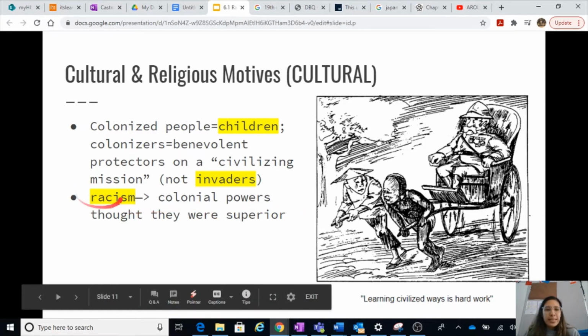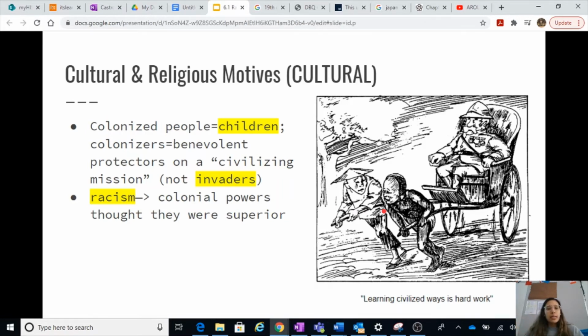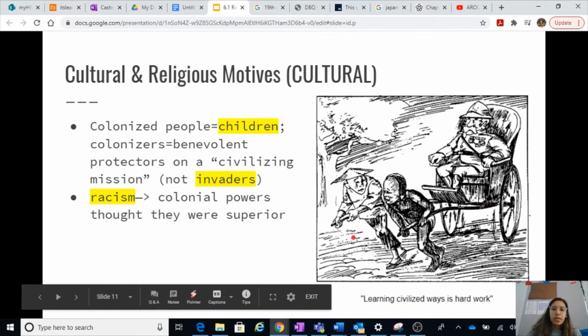This type of racism, where colonizers see themselves as better and superior to their colonized peoples, is going to be very prevalent in this time period. Here we've got a little political cartoon of an African person and a person from Asia, and they say learning civilized ways is hard work.